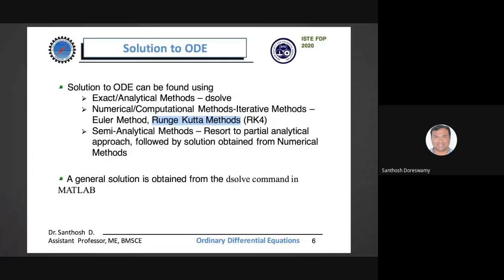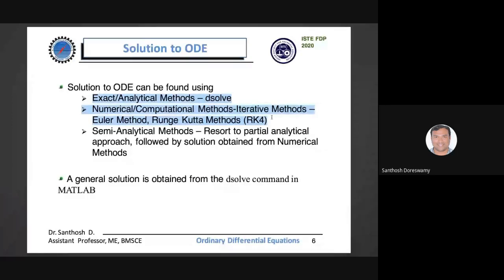Once you reduce the derivatives, you can use linear solvers or iterative techniques to obtain the solution. This type of method will not be covered in the presentation from now onwards. It is beyond the scope of the study for this session. I will try to cover the analytical methods and the iterative method.